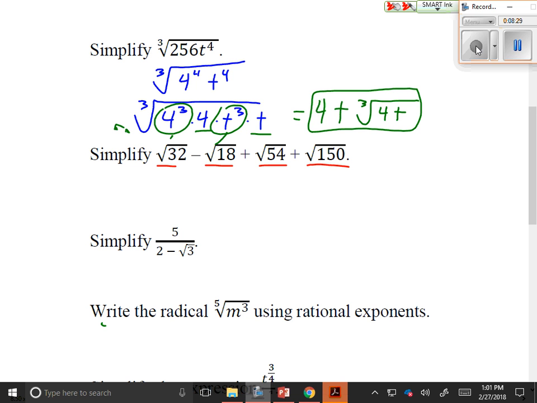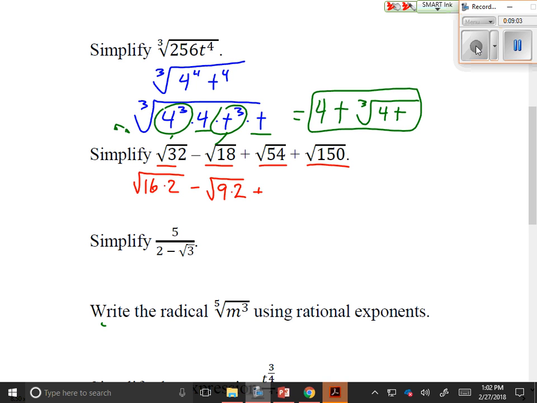Again, when you have a radical, and since this is a square root, you need to try to find any perfect squares that are factors and break those out. So 32 has 16, which is a perfect square, as a factor: 16 times 2. 18 has 9 as a factor: 9 times 2. 54 has what as a factor? 9.